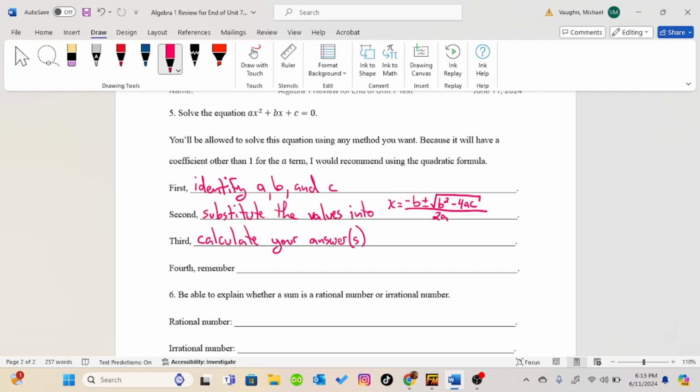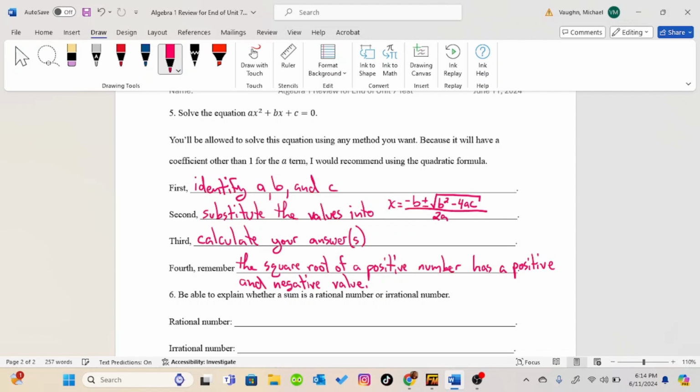Fourth, remember the square root of a positive number has a positive and negative value.